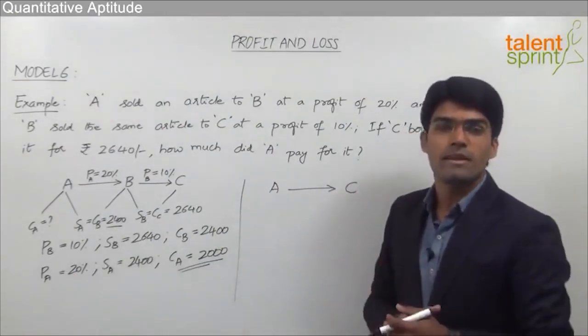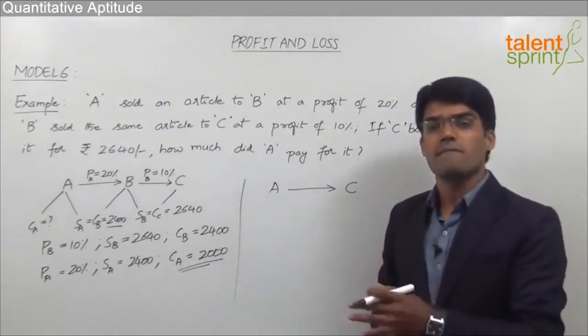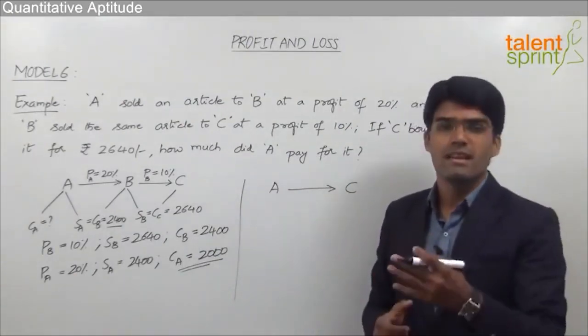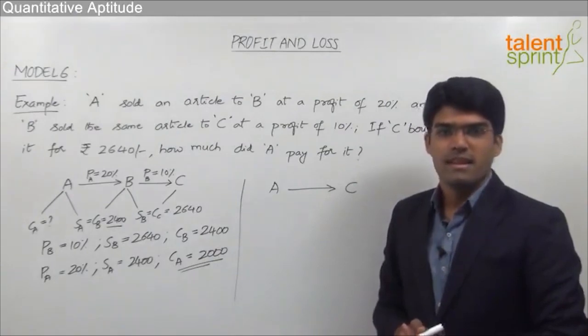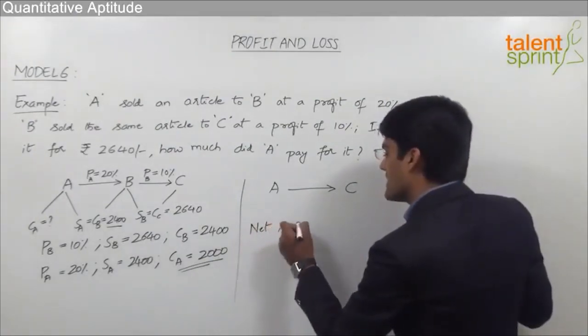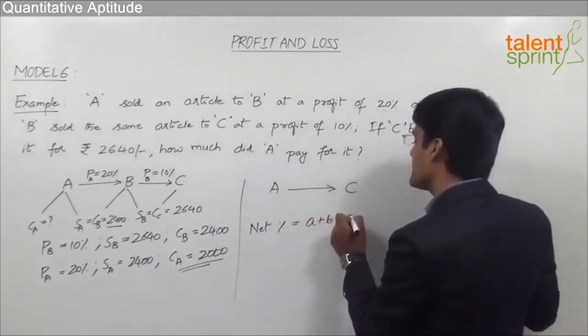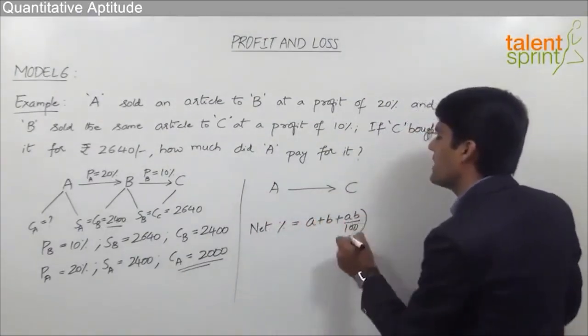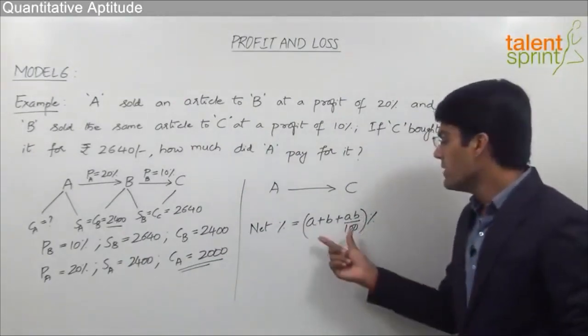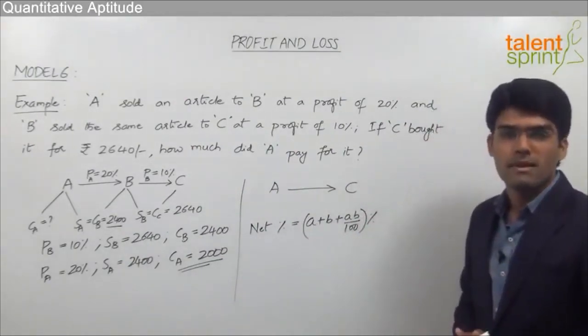And that overall profit can be taken as the net or effective percentage whenever two percentages are given to us, which was discussed in the concept of percentages. And we know that net percentage or effective percentage can be taken as A plus B plus AB by 100%. That means whenever two percentage values are given to us and we need the effective of that, we need to go for A plus B plus AB by 100.